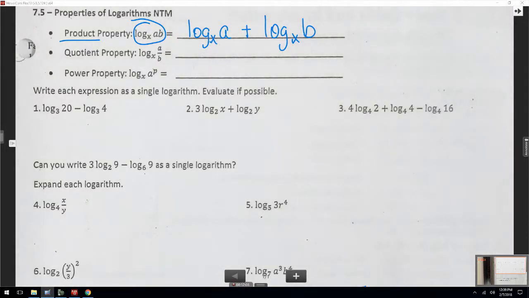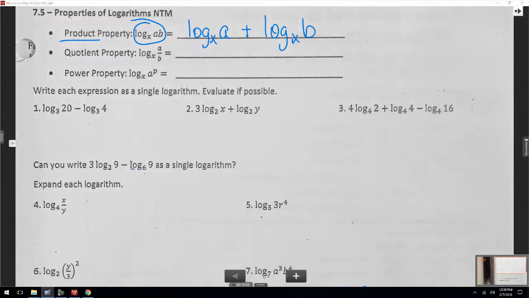If you have two logarithms that you're adding, how do you go back to one logarithm? You multiply. Just like with exponents, where you multiply the bases and add the exponents. If you're going backwards, the adding goes back to multiplying.